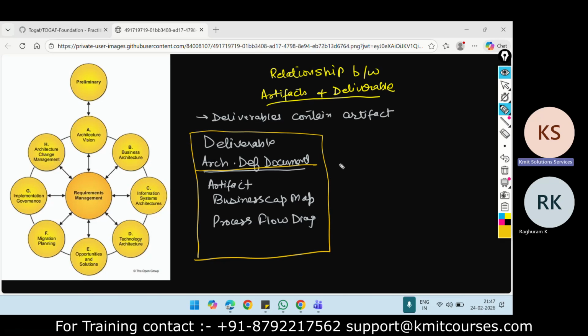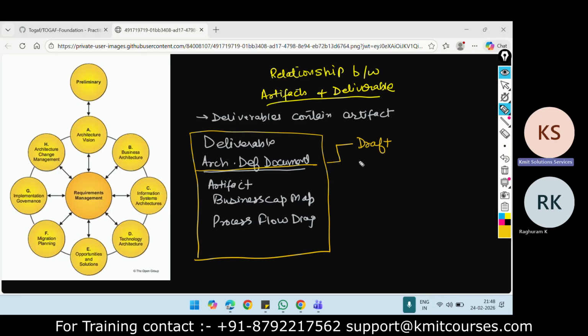Deliverables are basically the approved ones. First you create a draft. So what is a draft? Drafts are documents that are under development.